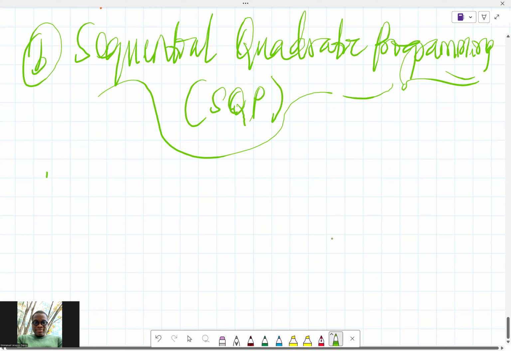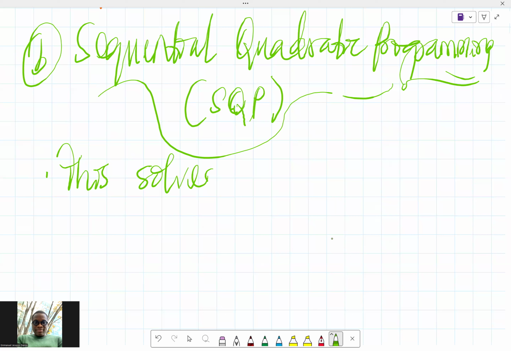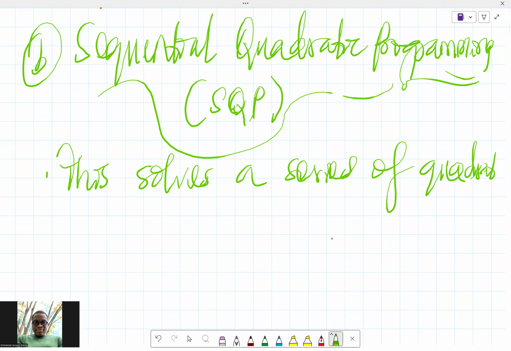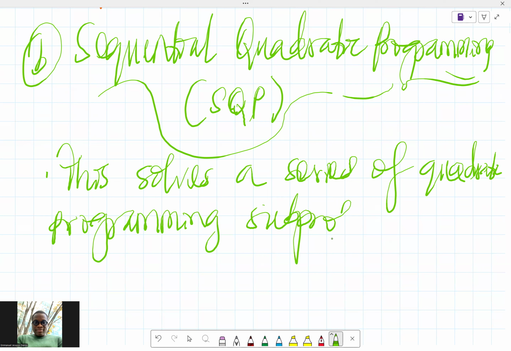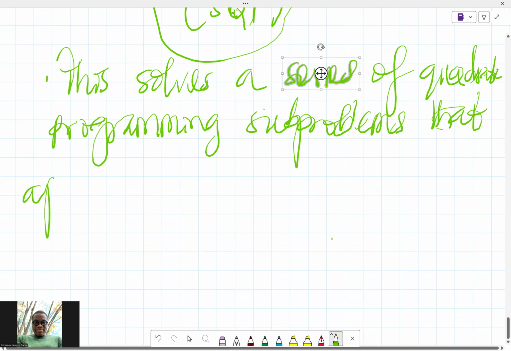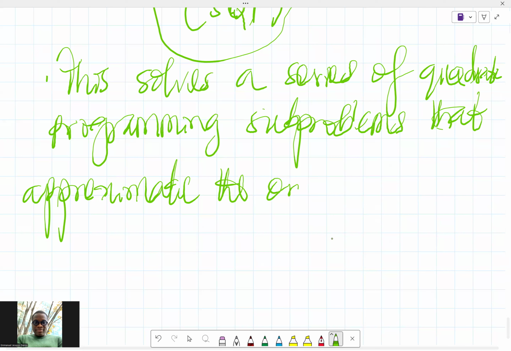Here, this solves a series of quadratic programming subproblems that approximate the original nonlinear problem.